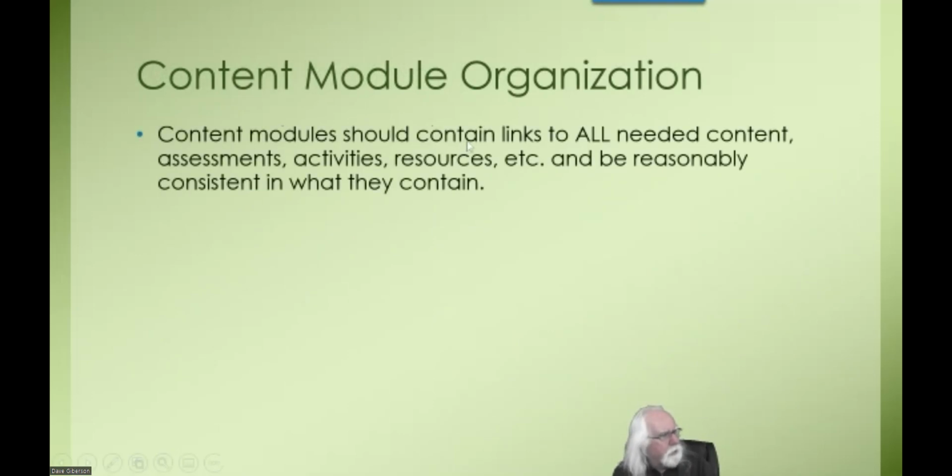Content modules should contain links to all needed content. In other words, you don't want your students to have to be swanning around over there in the course menu all the time. You want your content modules to be a one-stop shop so that students find almost everything they need for their online course in the module.